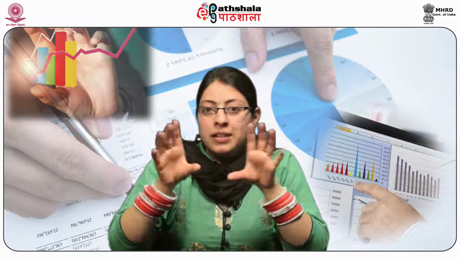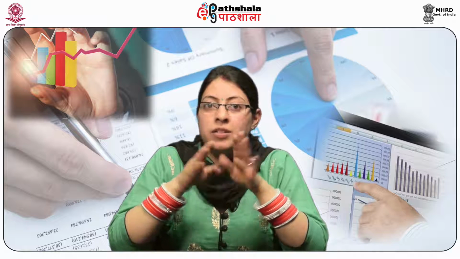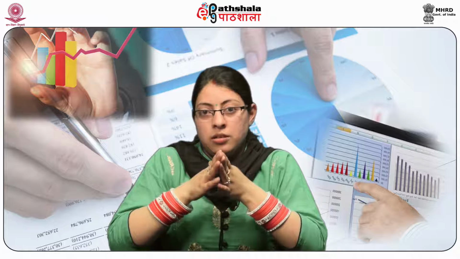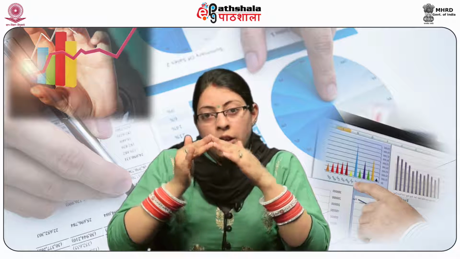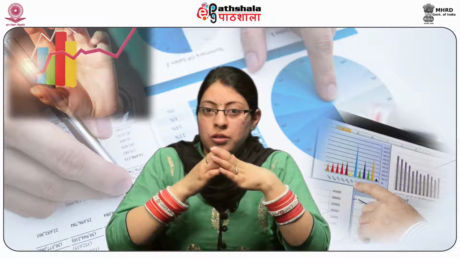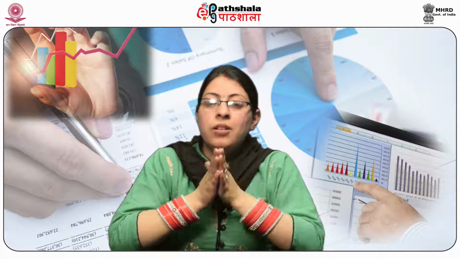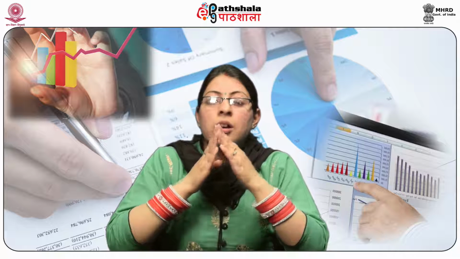We can further understand this process with the help of this statement. From sales, when we subtract variable cost, we come to contribution. From contribution, when we subtract fixed cost, the resulting figure is earning before interest and tax.